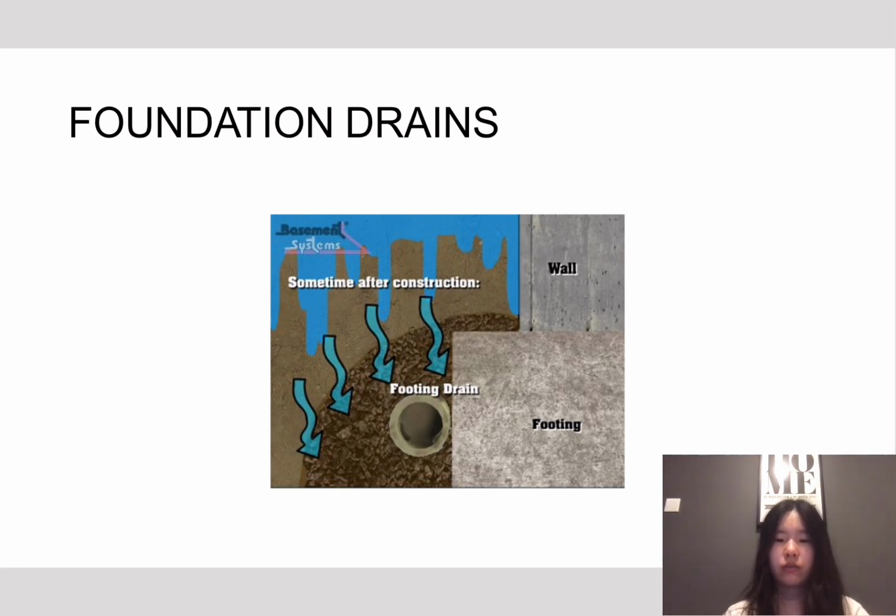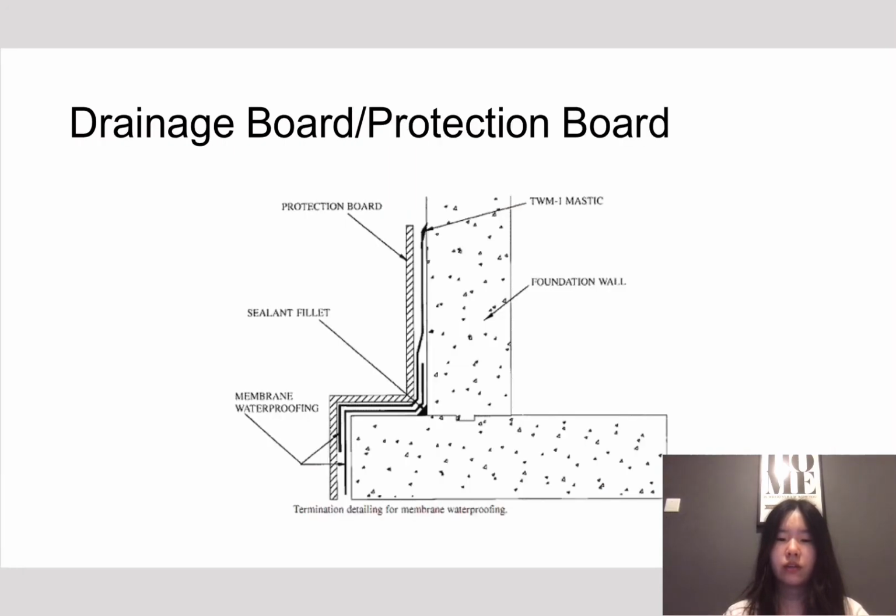A waterproofing membrane is a thin layer of watertight material laid over a surface. The layer is continuous and does not allow water to pass through it. The protection board is placed on the exterior foundation wall and protects the waterproofing membrane from rocks and roots that might puncture the finish.